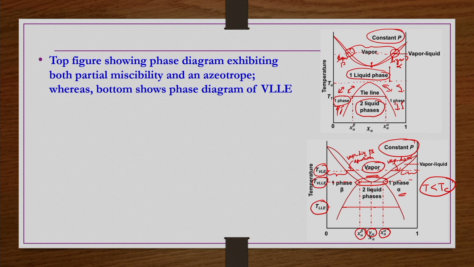So, this is the case of one particular VLLE, that is one vapor and two liquid phases in equilibrium, right.